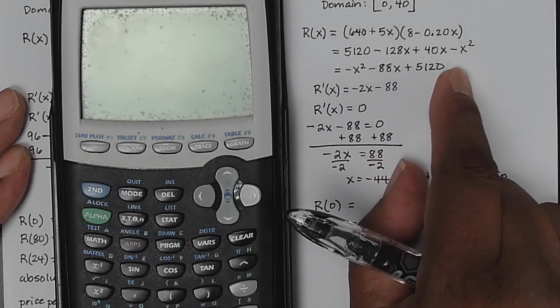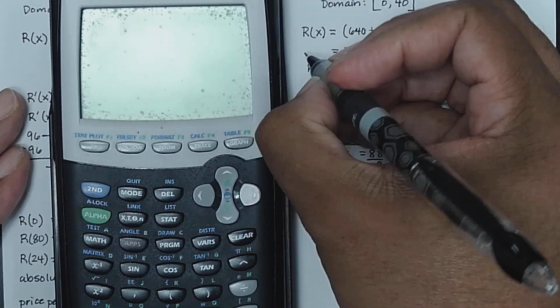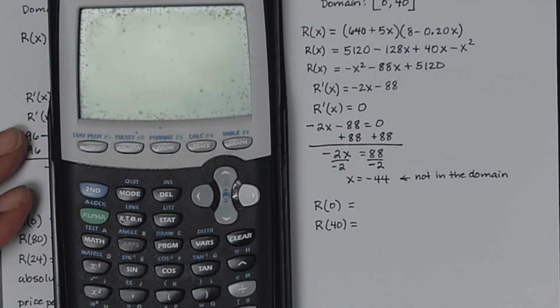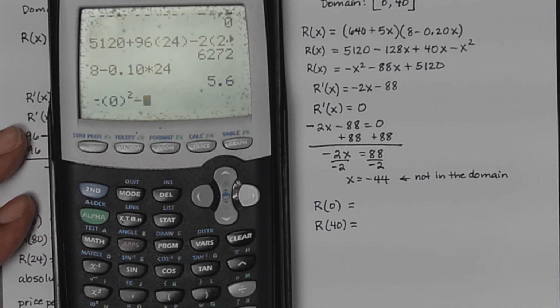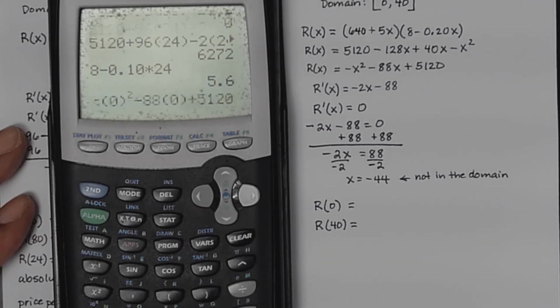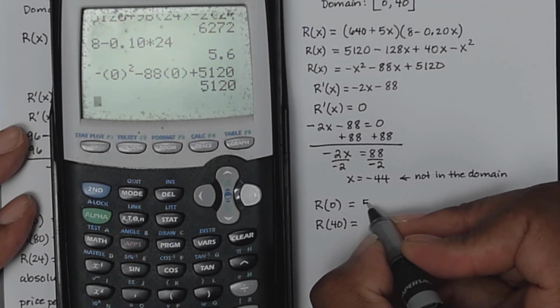R of 0 will be negative 0 squared, minus 88 times 0, plus 5120. And this gives me 5,120.